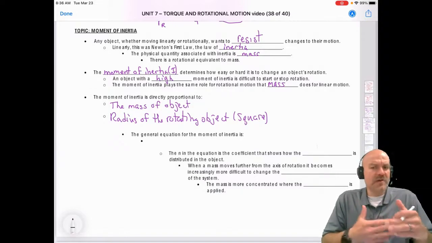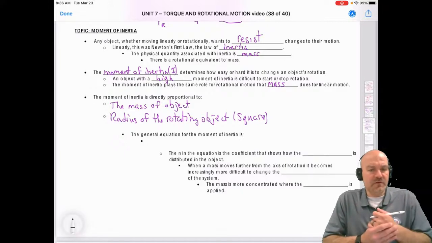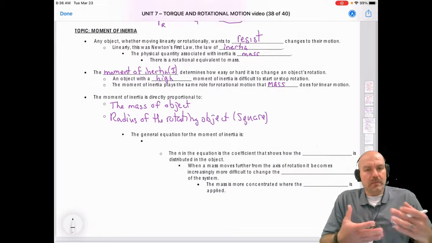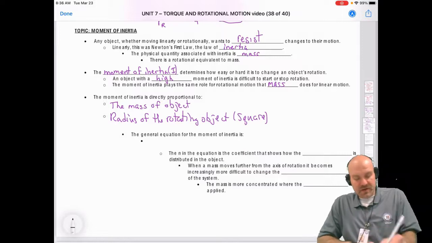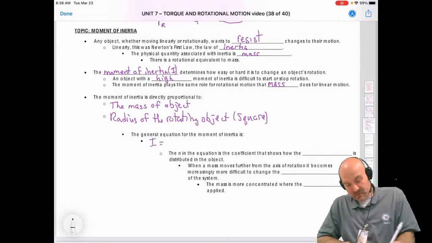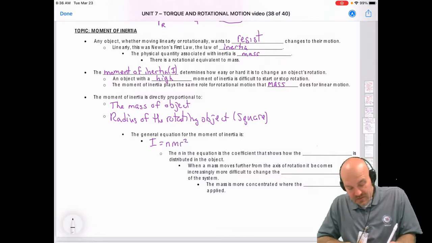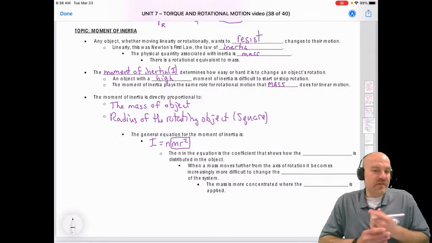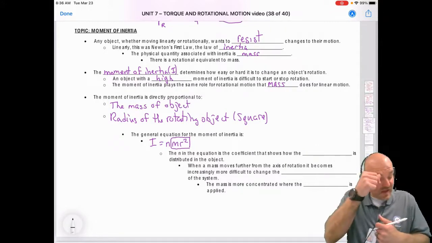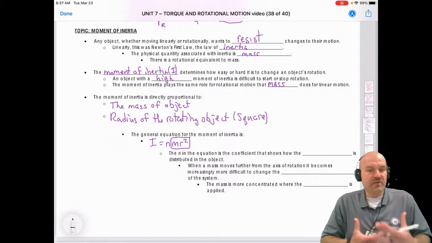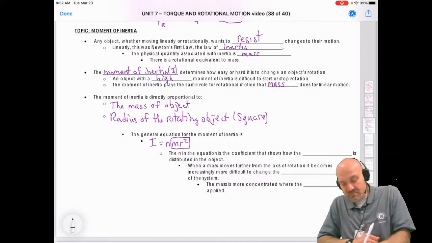Now, we're going to talk about specific ones that you need to know for the exam, but this is just the general equation: I equals n m r squared. The main part of the equation is this m r squared, but the n does play into this. The n in the equation is really a coefficient that shows how the mass is distributed.